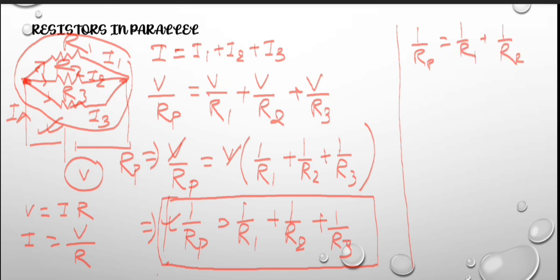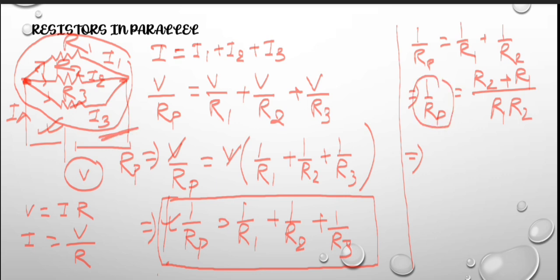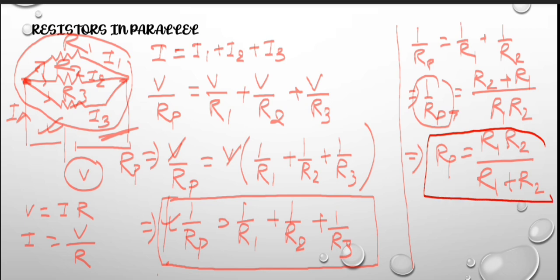Now, this 1 upon Rp is equal to (R2 plus R1) upon R1 multiplied by R2. So this is not Rp, this is not the equivalent resistance, this is 1 upon Rp. To find Rp, we have to take the reciprocal of this one. So this becomes Rp is equal to R1 multiplied by R2 divided by R1 plus R2. Clear? So this is the final equation for resistors connected in parallel.